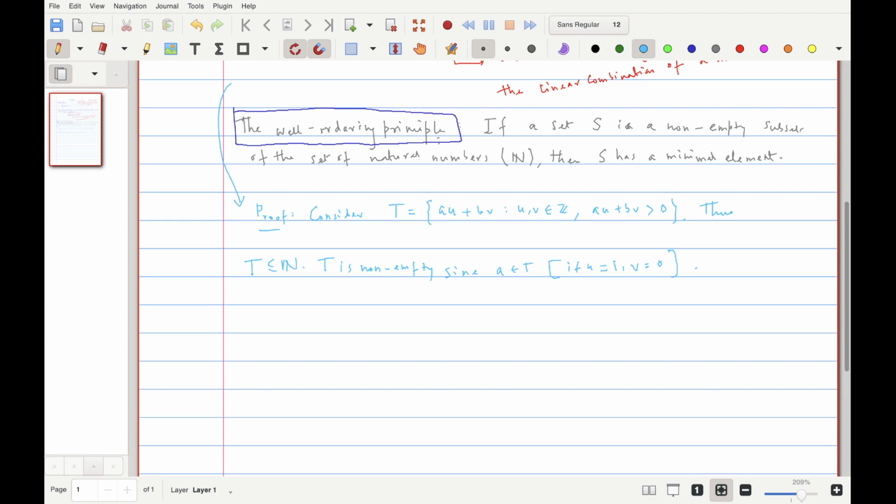Then T is non-empty and T is a subset of the set of natural numbers. This implies, by the well ordering principle, that T has a minimal element.